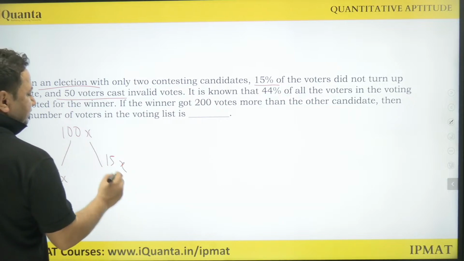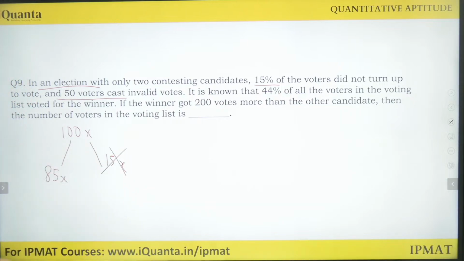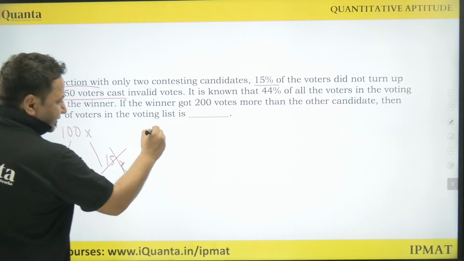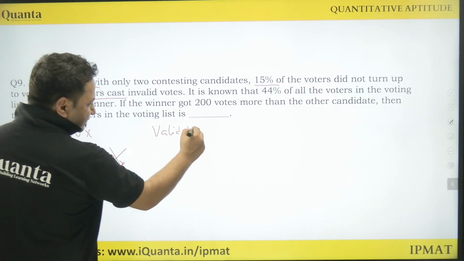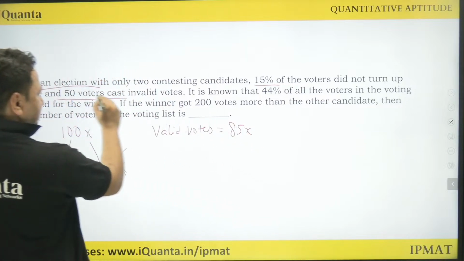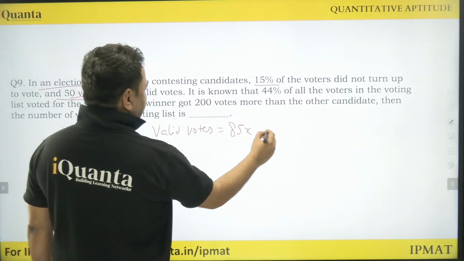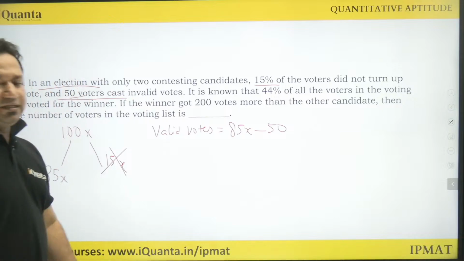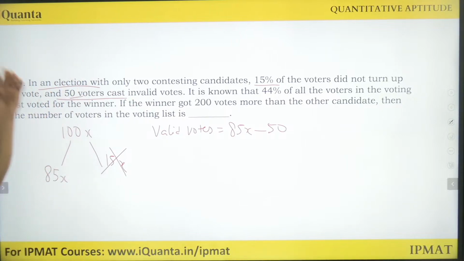So this is not for us. Out of them, 50 votes were cast invalid. So valid votes were nothing but, calculate the valid votes, 85x minus how much? Minus 50. These are the total valid votes.